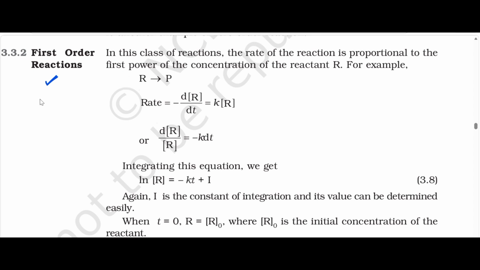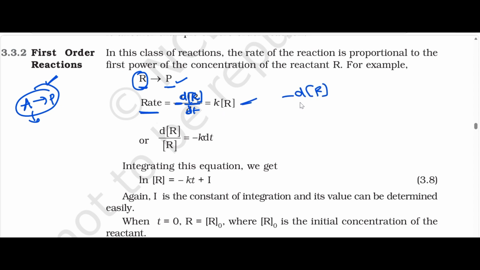In my class, I have assumed A gives rise to B. As per NCERT, the reactant is generally denoted by R. So reactant gives rise to product, and obviously the rate of the reaction with respect to reactant is minus dR by dt is equal to k into R, clear?